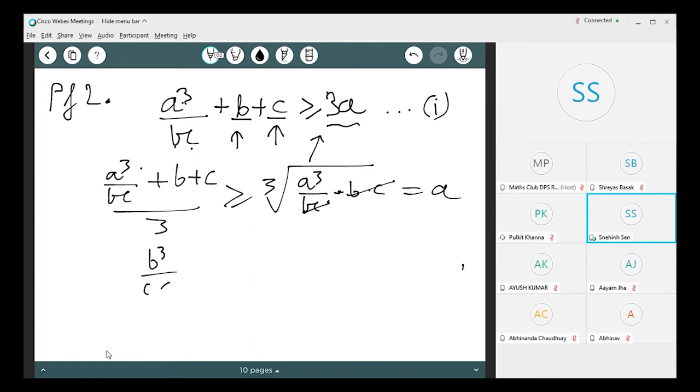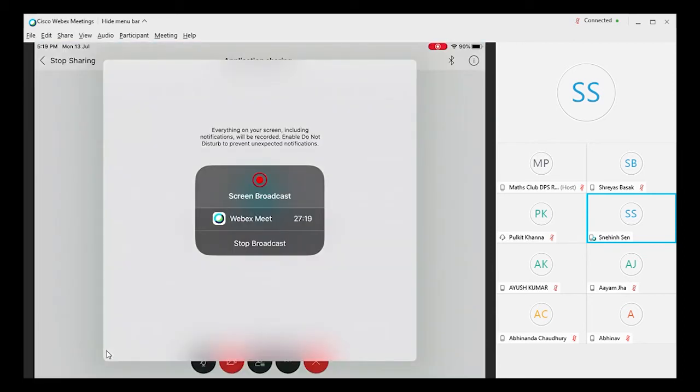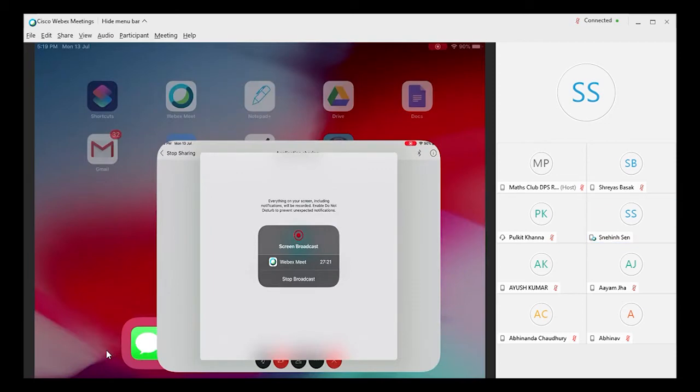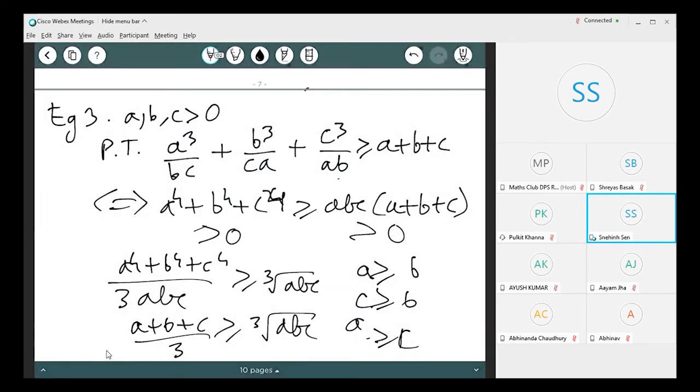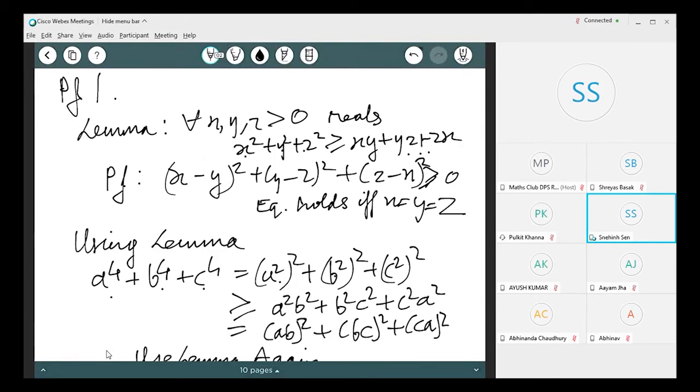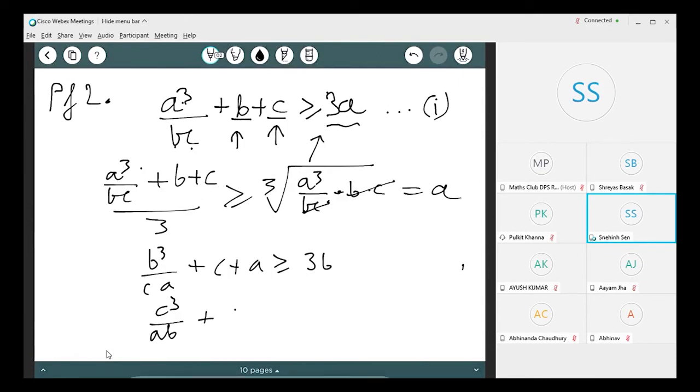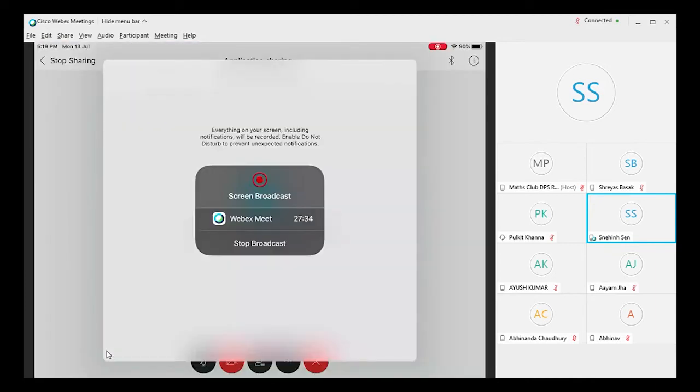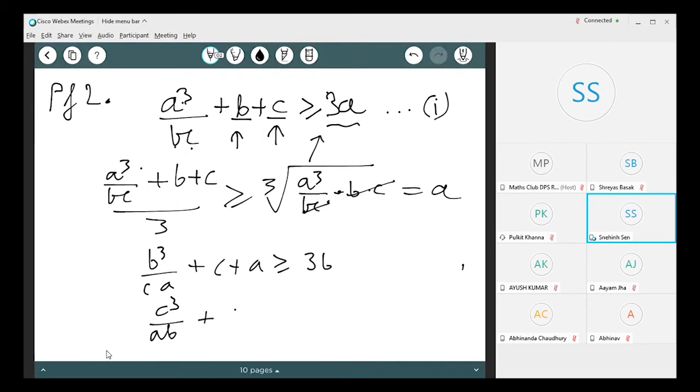So we would have B cube by CA plus C plus A is greater than or equal to 3B, and C cube by AB plus A plus B is greater than or equal to 3C again.